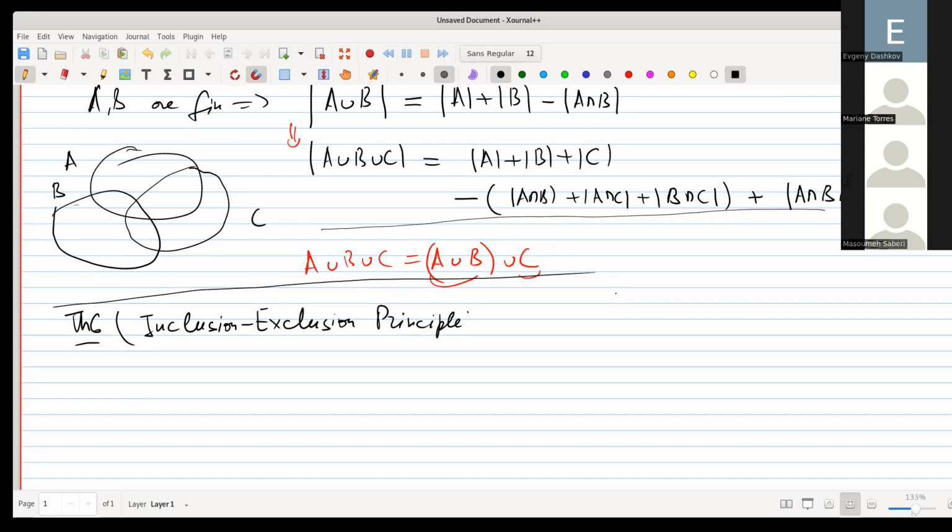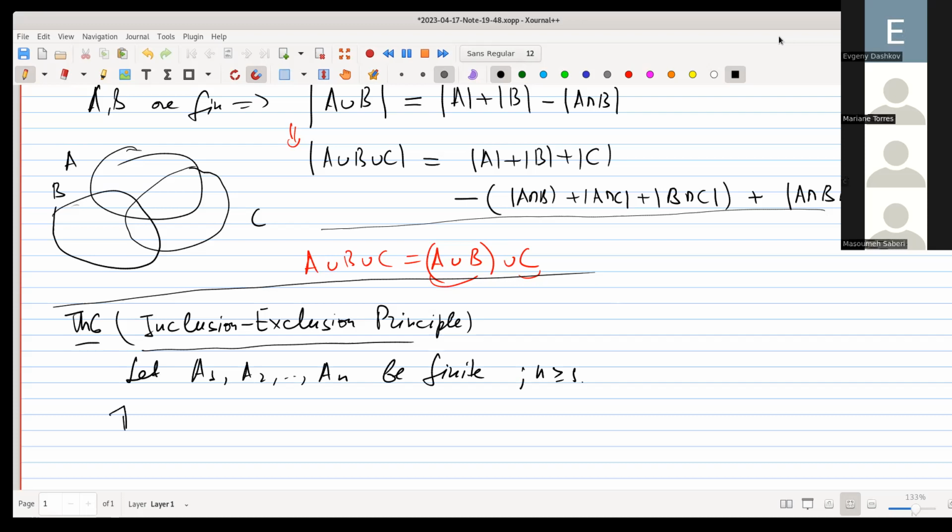The inclusion-exclusion principle says the following. Assume that we have n finite sets, where n is at least one.